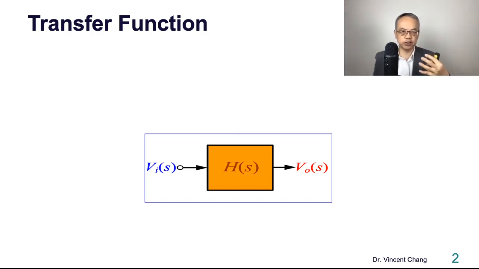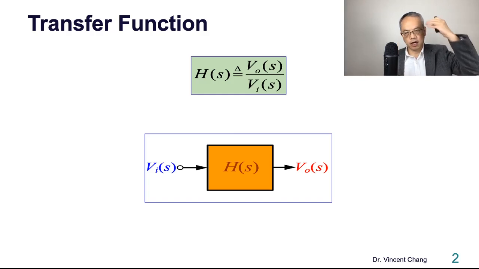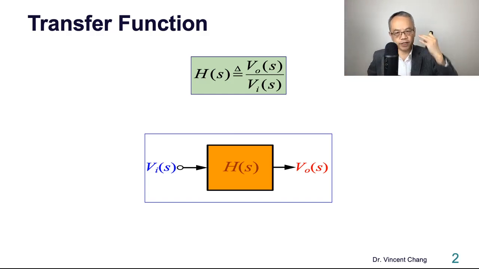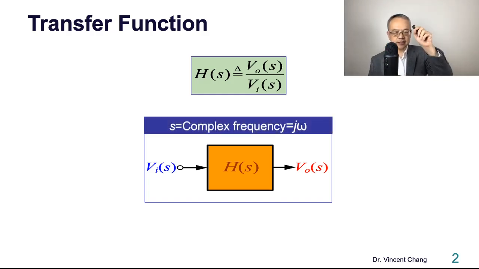The transfer function of the circuit system. The output signal in the S-domain is VO as a function of S on the right hand side. On the left hand side is the input voltage signal as a function of S. The transfer function H of S is defined as the output signal VO divided by the input voltage VI of S. Again, S is the complex frequency.